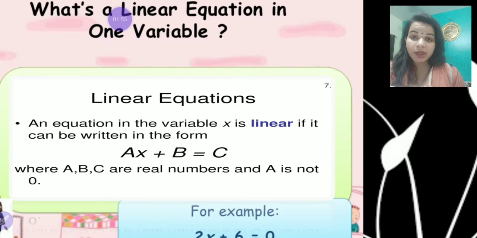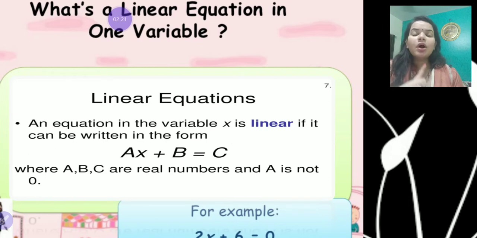Remember this thing, children. If the power of the variable is greater than 1, if it is 2, 3 or 4 or any other number, then that equation is not a linear equation. For an equation to be linear, the power of the variable should be 1.